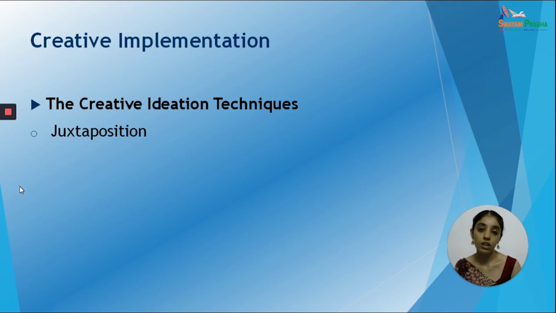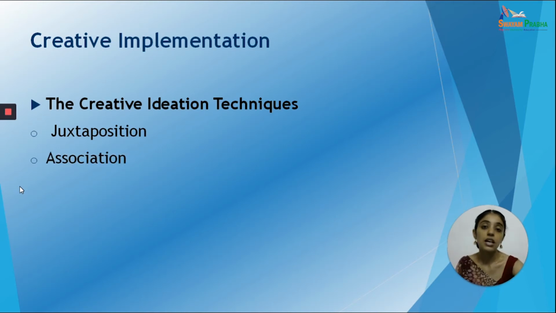In the case of advertising, we often find there is juxtaposition of ideas, or there could be juxtaposition of product image with a celebrity image, so as to say that the characteristics possessed by the celebrity are being juxtaposed with the product that he or she is advertising. So that's one common technique which is used to ideate.